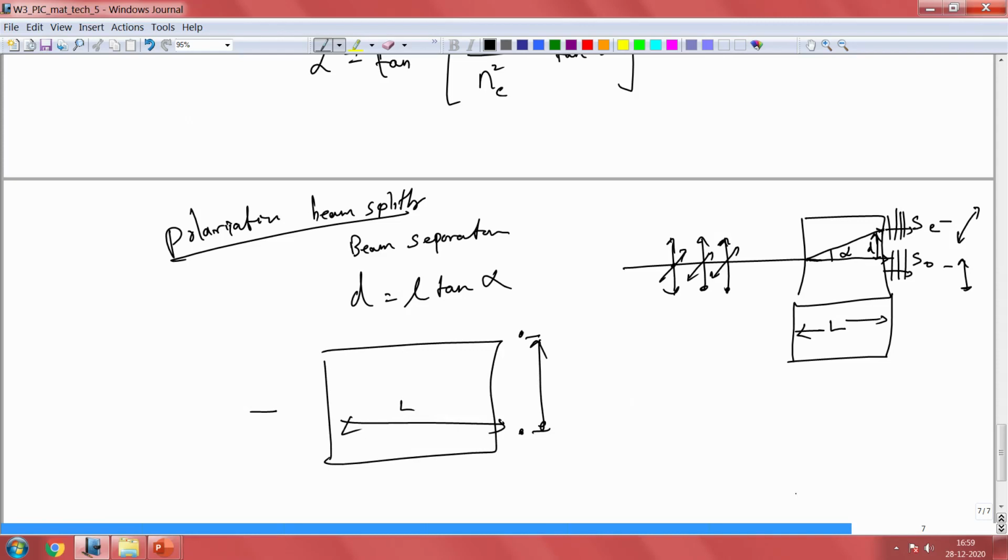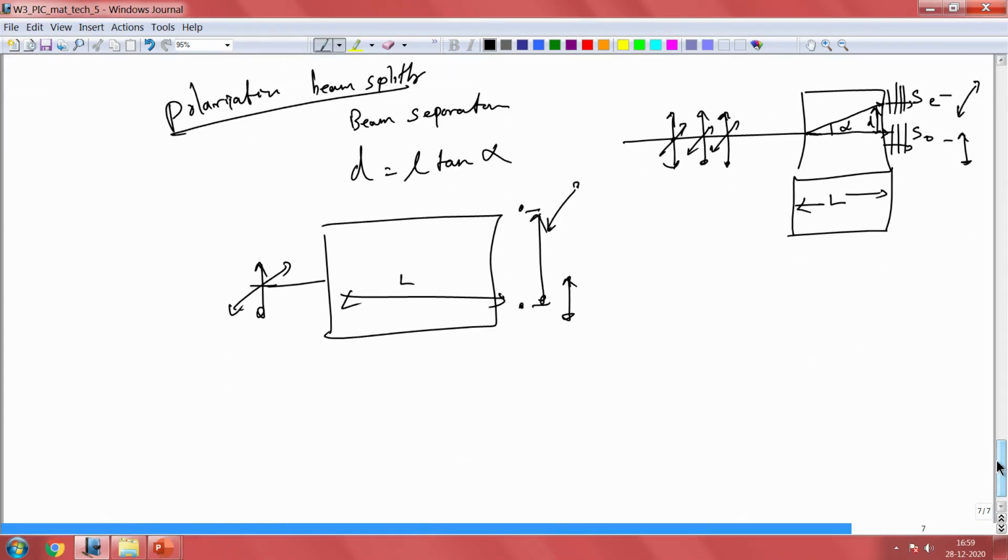If you increase the length of interaction, we should be able to separate the two polarizations. You will get this polarization here and that polarization there. This is how you can exploit the property of these anisotropic crystals for multiple applications.